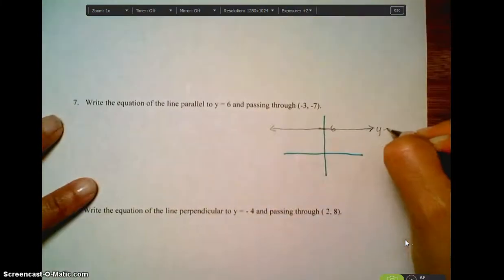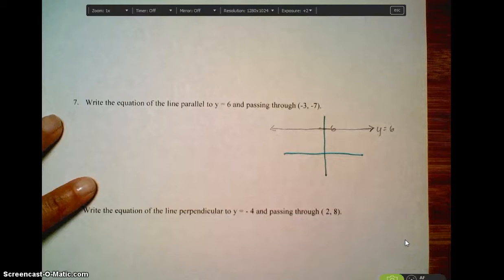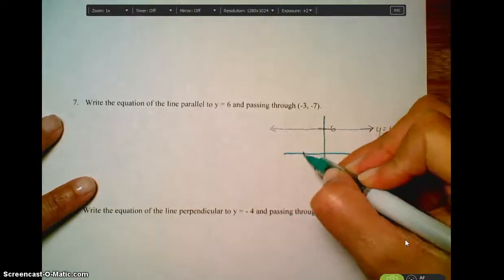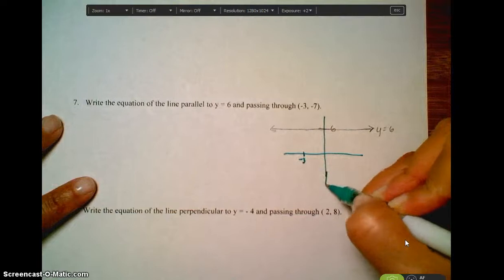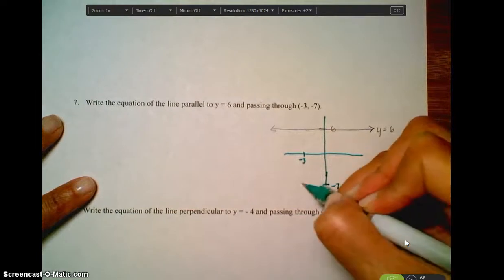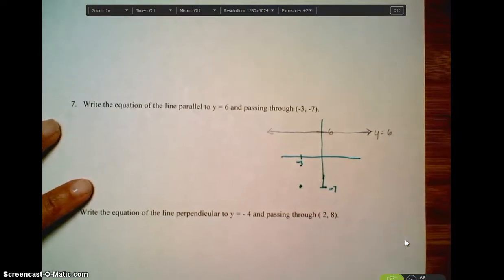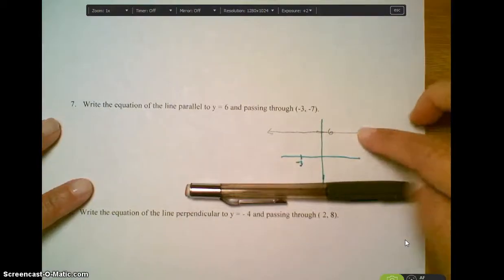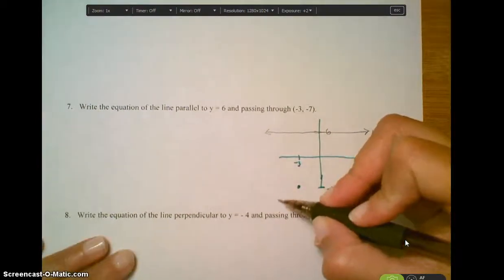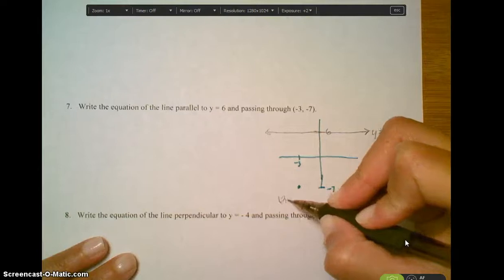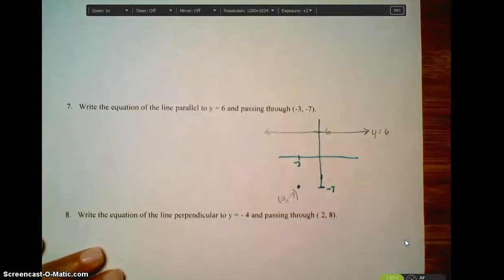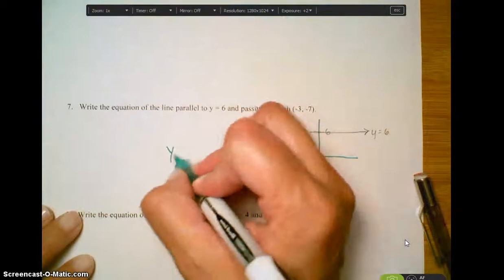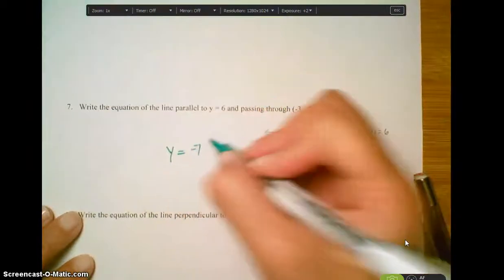And then the point -3, -7 would be over here somewhere. If I want a line parallel to y equals 6, then my line needs to pass through that point -3, -7. And so that parallel line would turn out to be y equals -7.